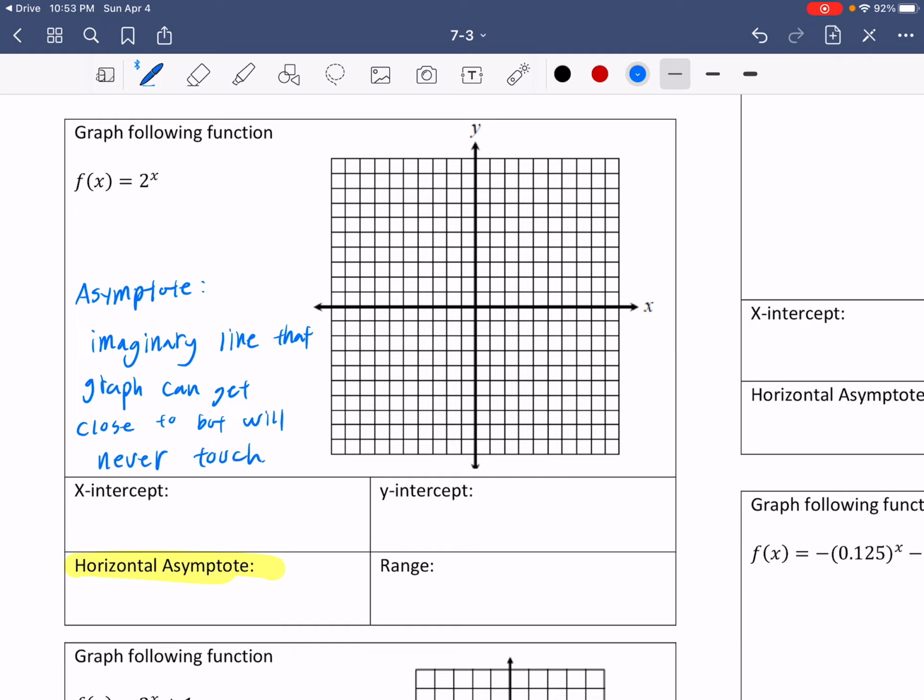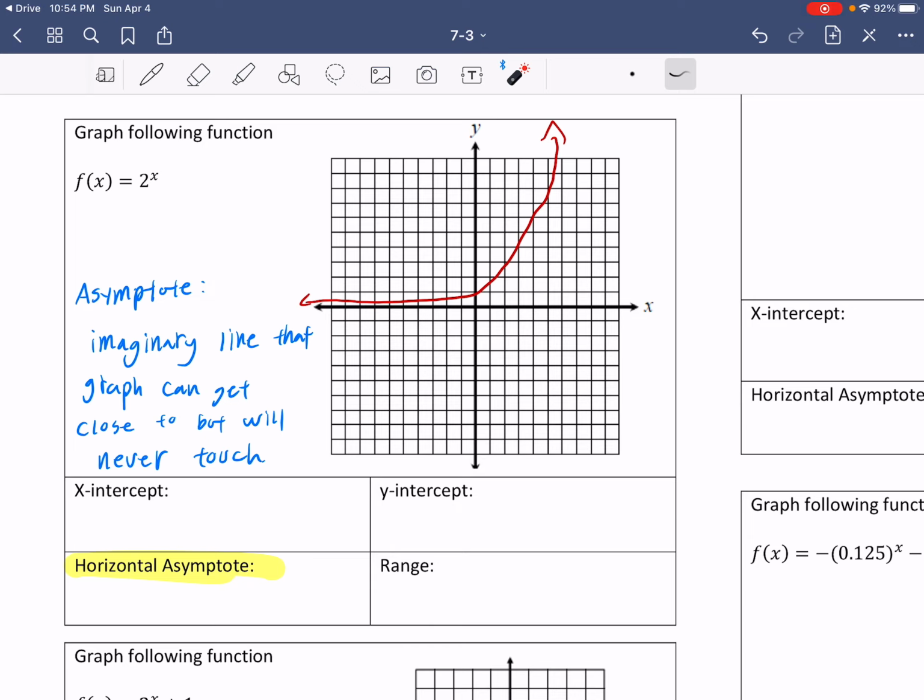So that's right. If you graph an exponential function, the graph will look like this, something like that. It keeps going up and it's going down, but it will get really close to this line here, but it will never touch this line. That's what we call asymptote.